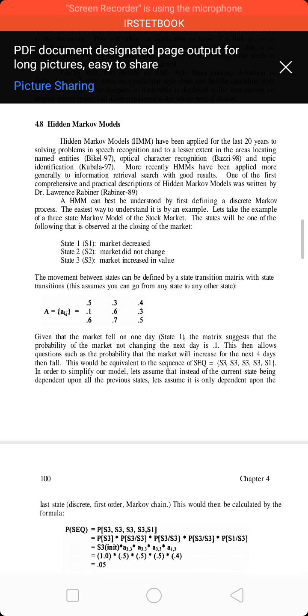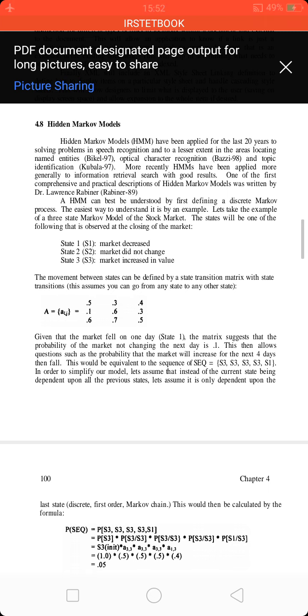The easiest way to understand this is to take a three-state Markov model of the stock market. State 1, S1, is market decreased, S2 is market did not change, and S3 is market increased in value.